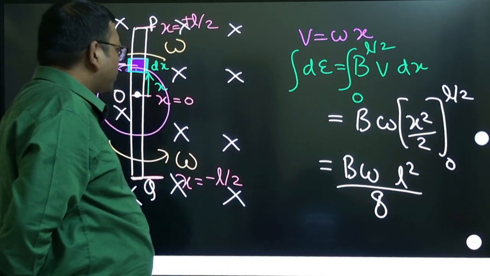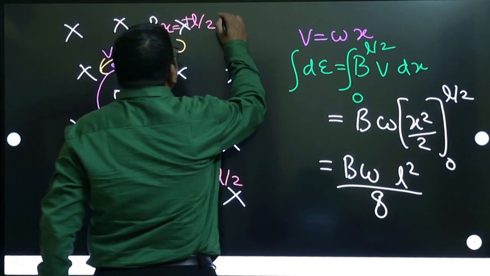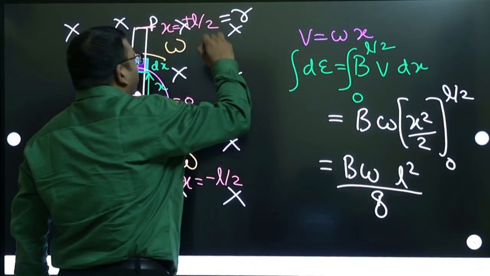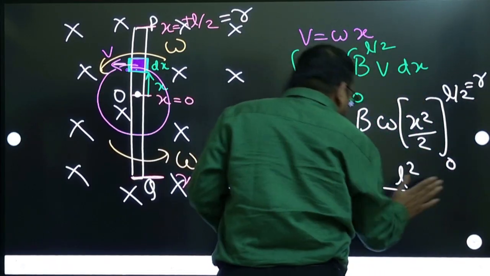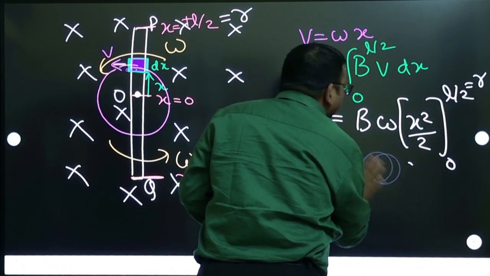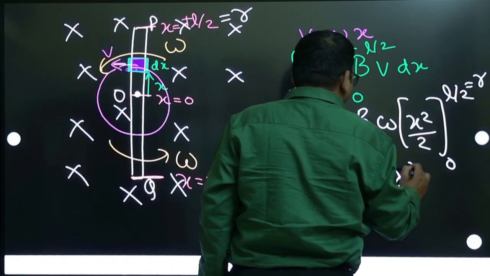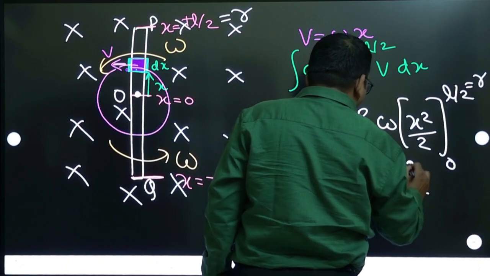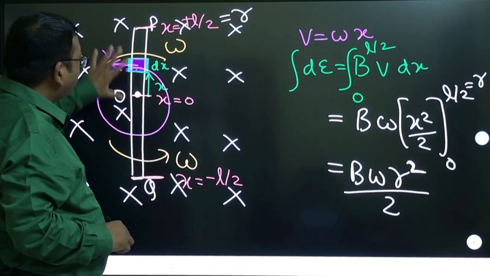But suppose I take L by 2 as the radius r. Then this will become B omega r square by 2, correct? This is the formula which we can remember: B omega r square by 2, where r is the radius, which is half of this.